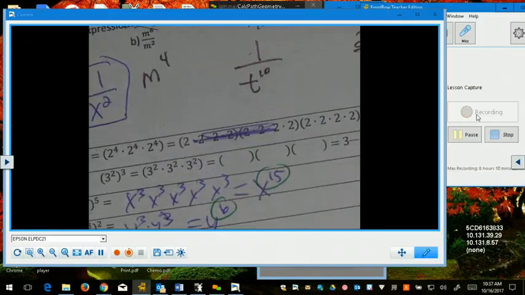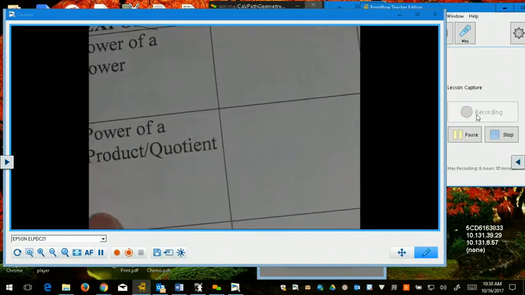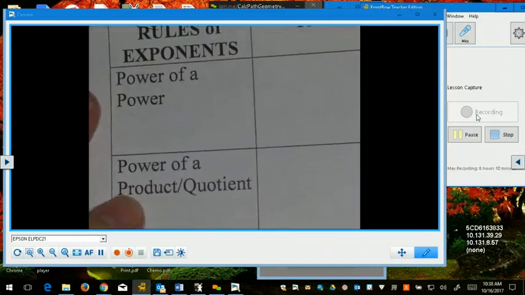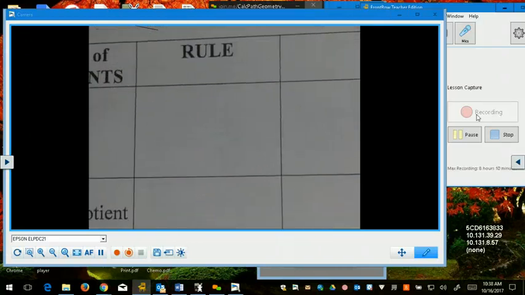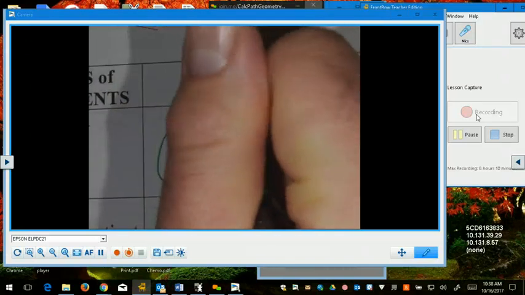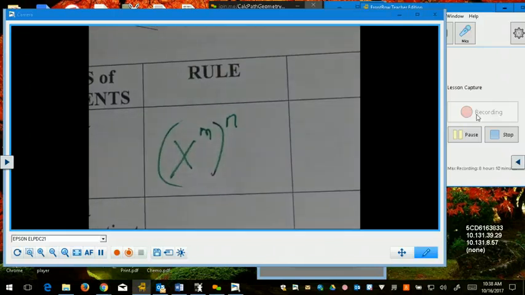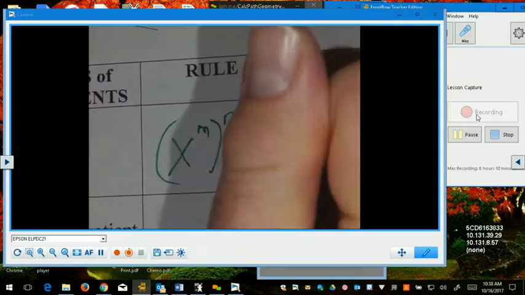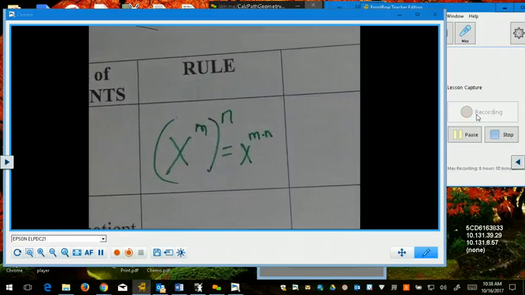So that's what we're going to put on the next page of our rules of exponents foldable. Power of a power. Again, it all has to have the same base for this to work. But if I have x to the m raised to the power of n, that is x to the m times n.